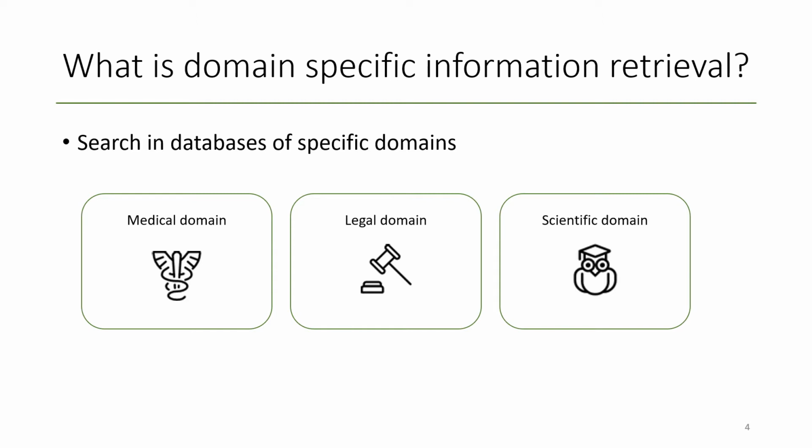For example, in the medical domain, you would have a database of clinical trials. In the legal domain, you would have a database of prior cases or legal regulations. Or in the scientific domain, you have a database containing all the papers published in a certain area. So that's one key characteristic.